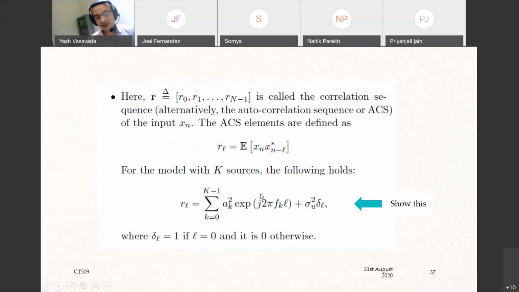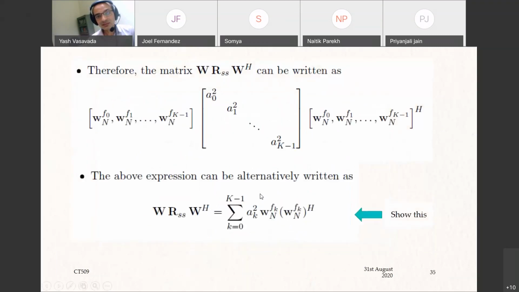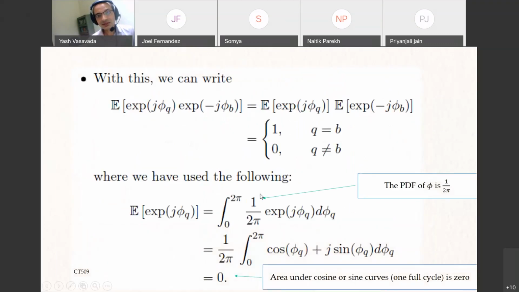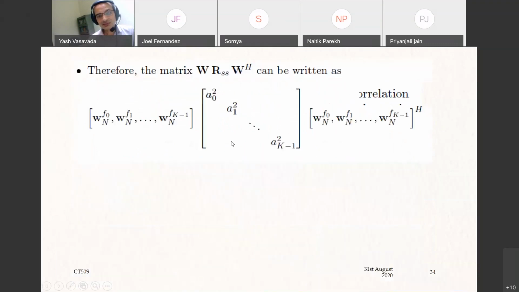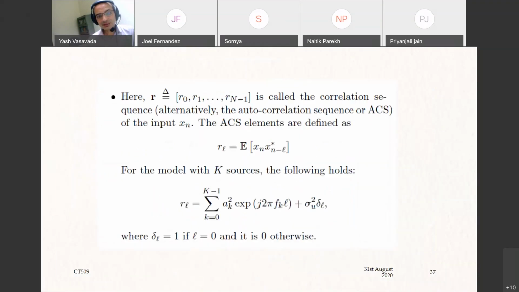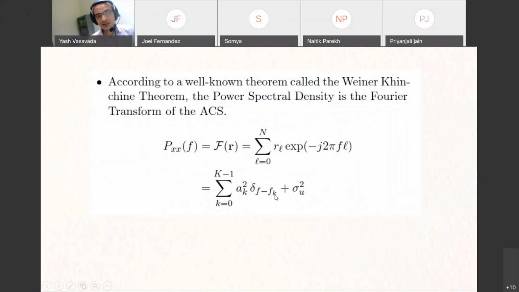The only assumption that we actually needed was that those phases are independent. With that assumption, we were able to derive R. So the random sequence itself is not known ahead of time, but R is known ahead of time. R is deterministic in some sense. And therefore, I can take its Fourier transform.